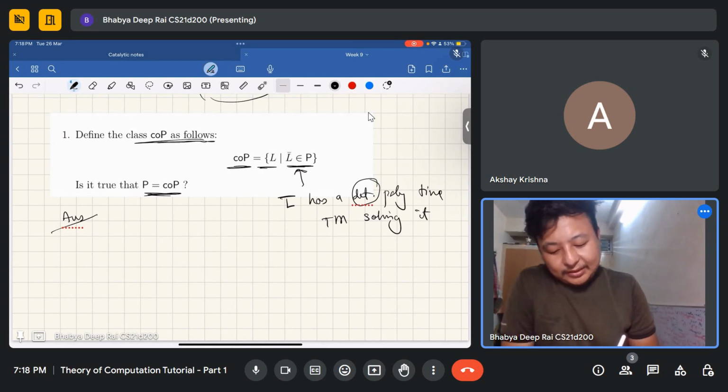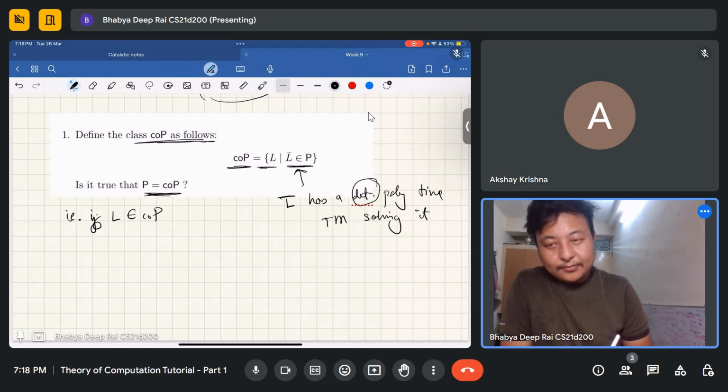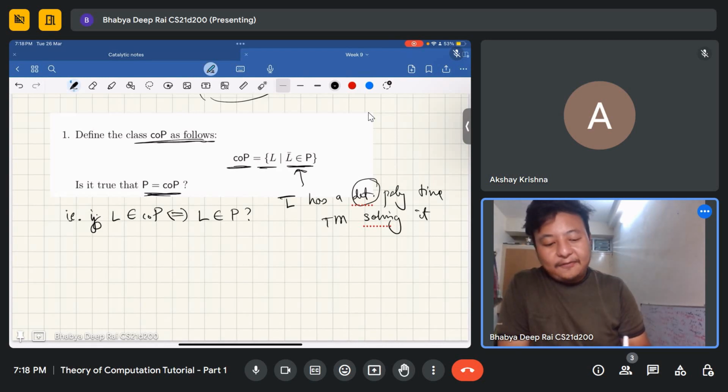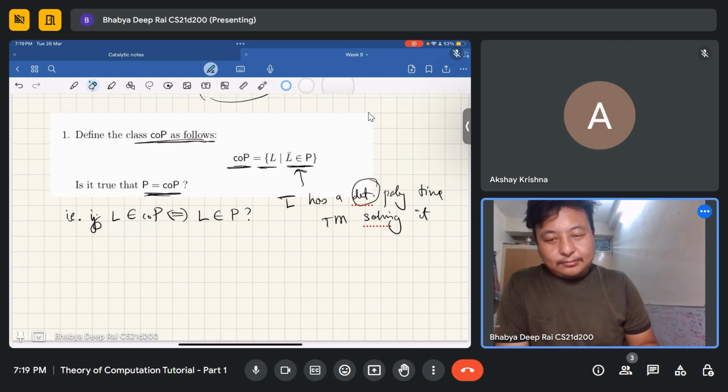In other words, if a language L belongs to coP, is it true that L belongs to P, and the other way around also? Is it true that if L belongs to P, then L belongs to coP also? Now the answer is yes.